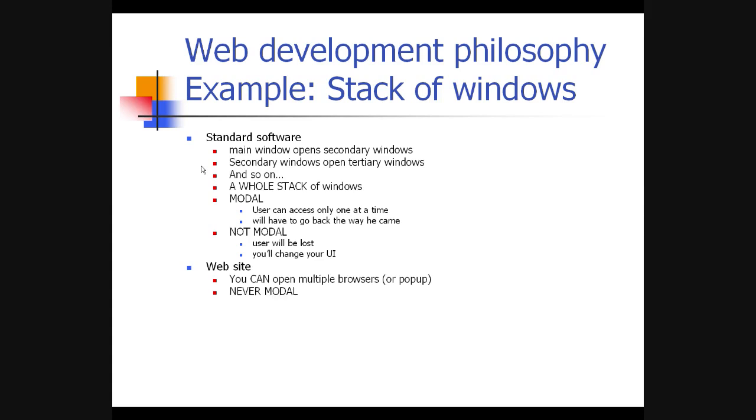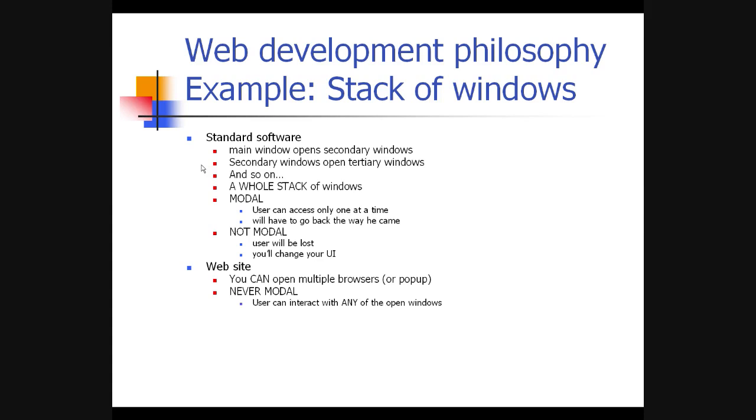But remember one thing, you don't have the modal case available. The other browser or the other tab in the browser or the pop-up window will be accessible at the same time as the main window you're coming from. Which means that basically the user will be able to do whatever he wants on any of the open windows.